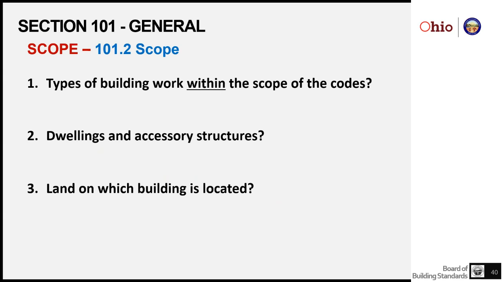A lot of you may be thinking, what, land? Isn't land part of zoning? Yes, land is part of zoning in terms of how the land is used, but there are, by law, some parts that we regulate out of the OBC.